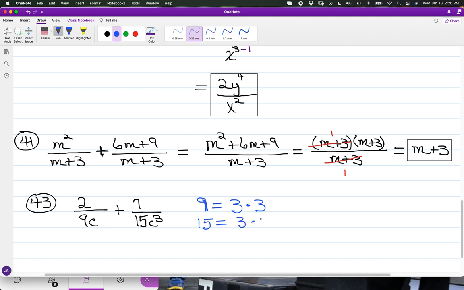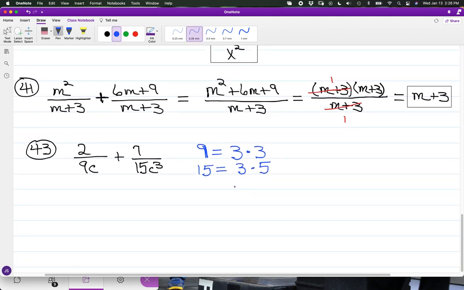Again, with the variable factor, we have c. The least common denominator is going to be the highest power of the variable factor or factors.